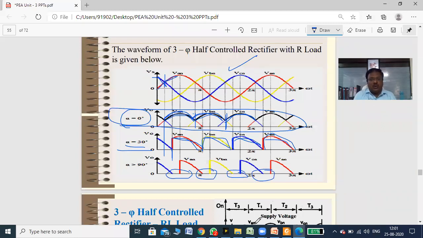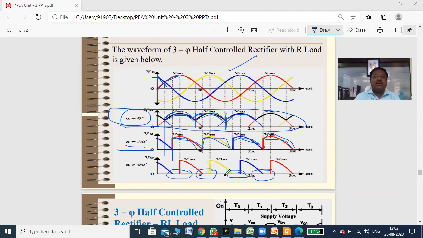See, the total half cycle is of 180, right? Out of that, SCR conducts for 120. So maximum allowable firing angle is up to 30 degrees for continuous mode operation. But for alpha greater than 30, then definitely the total alpha is 30 plus 30, 60.